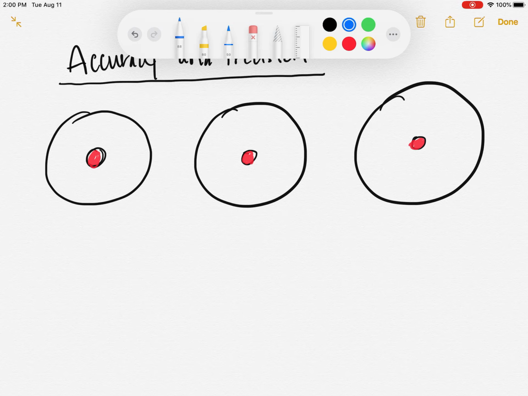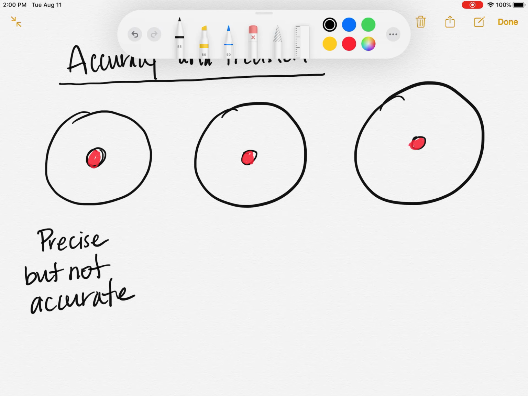And here, I'll change my color. Let me ask you to do this. Let's try to draw a target that shows somebody throwing darts who is precise but not accurate.